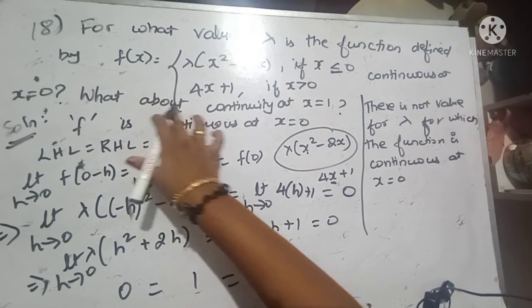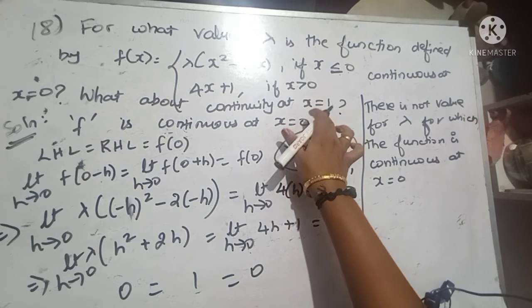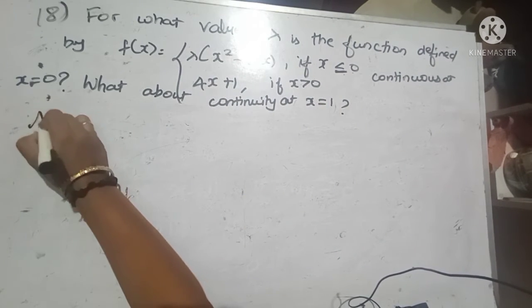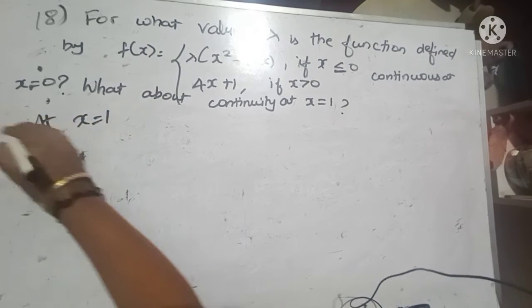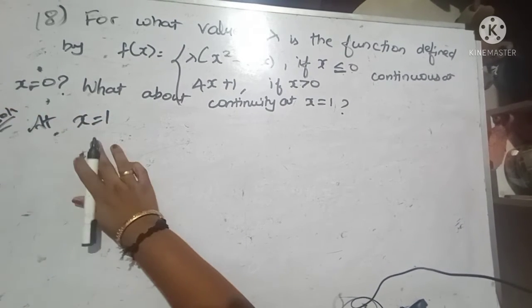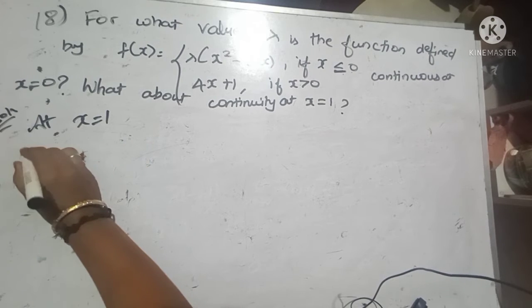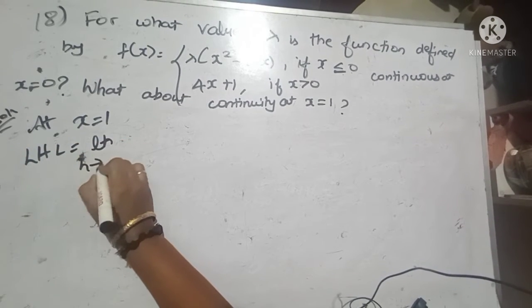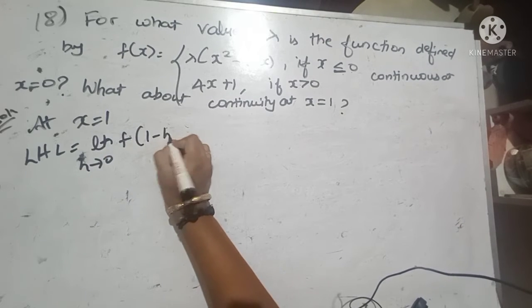Now we have to find out the continuity at x equal to 1. For the second part, at x equal to 1, the left hand limit LHL is equal to limit h tends to 0 of f of 1 minus h.